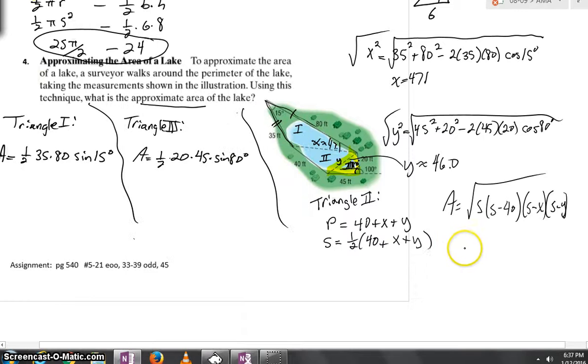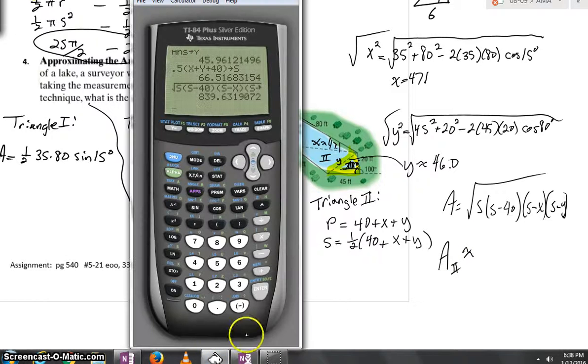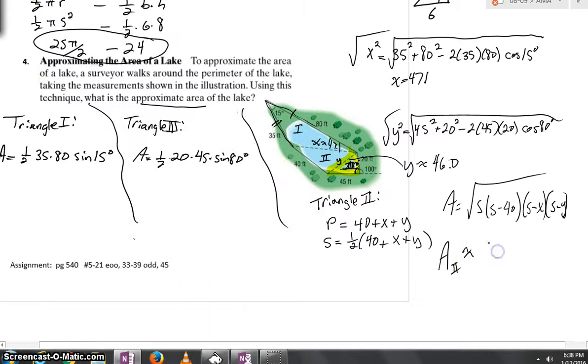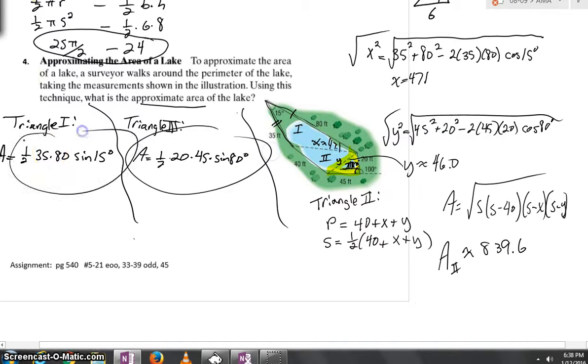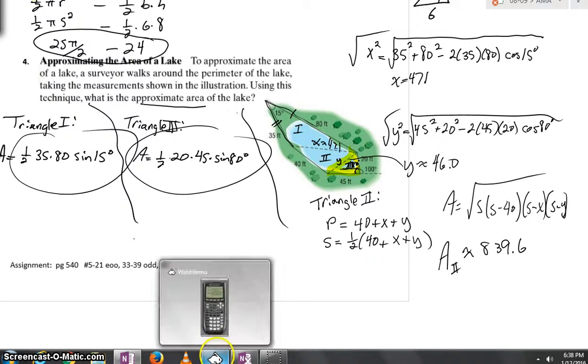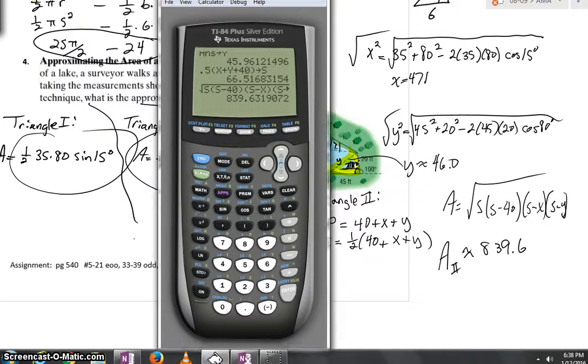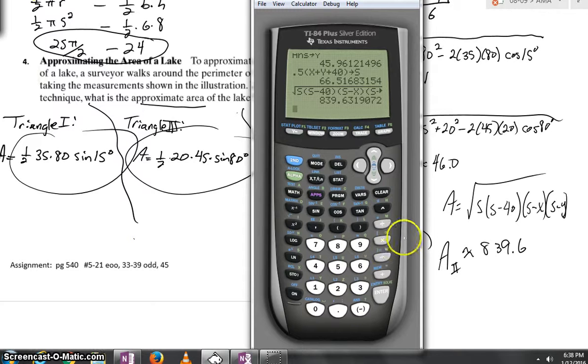So for triangle 2, the area of triangle 2, we saw it was about 839.6. Now, of course, what's going to happen is we're going to add these other two areas together to finish this up. If you wanted to show all your steps, which is always a good thing, we could work those others out.